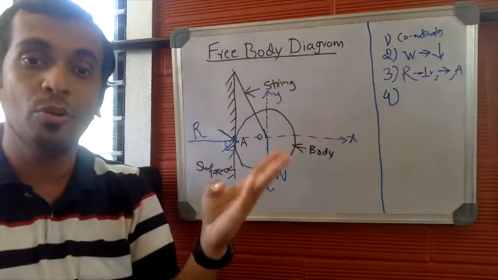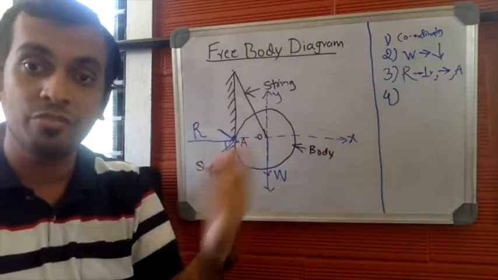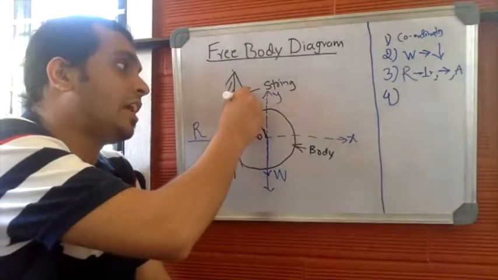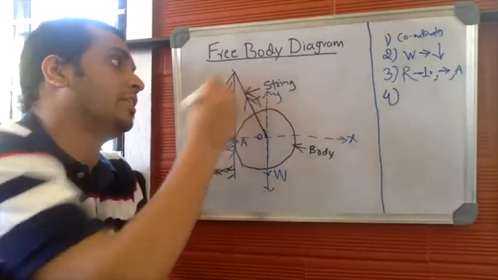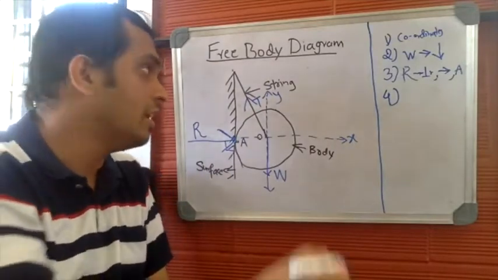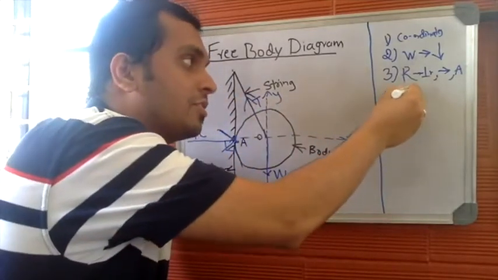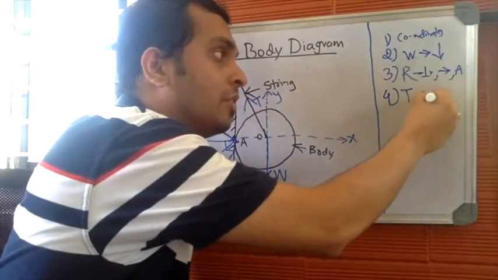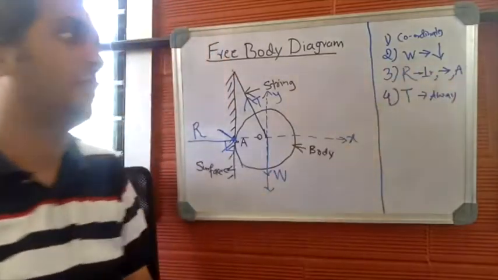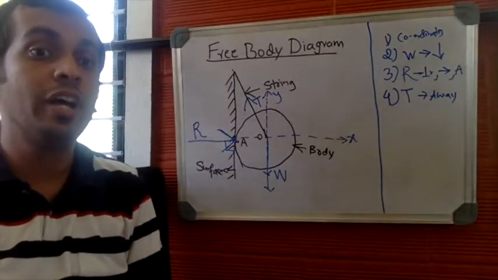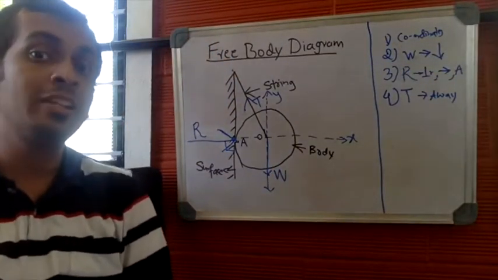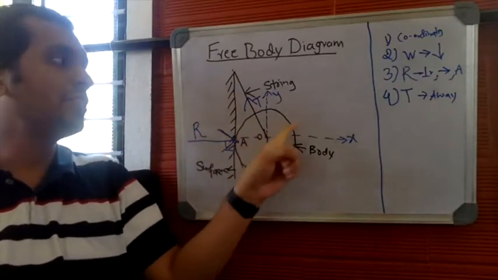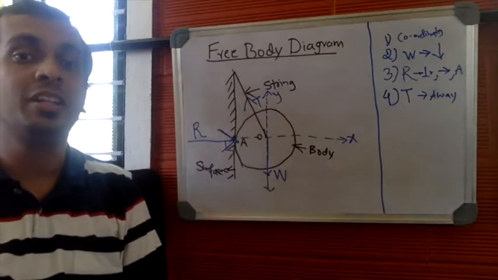In step number 4, you'll be marking the tension T, and tension T will always move away from the body. Whereas normal reaction, which you mark in step number 3, always moves towards the body.